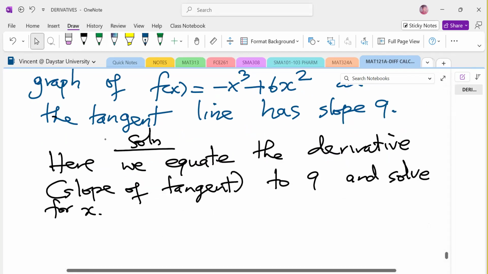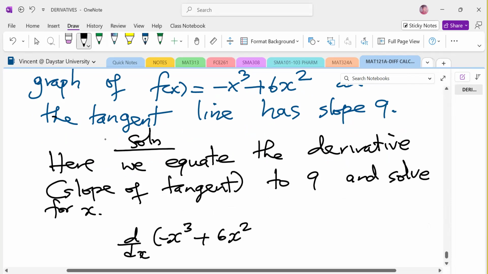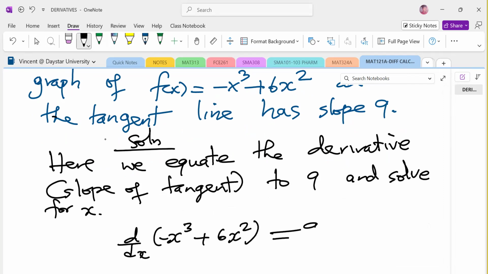So d dx of minus x cubed plus 6x squared should be equated to 9.